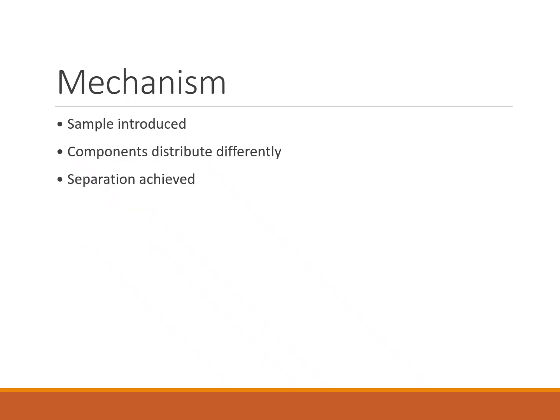And now we will discuss the mechanism of separation. In chromatography, the sample is introduced in the mobile phase. As the mobile phase moves, the components continuously adsorb and desorb from the stationary phase.